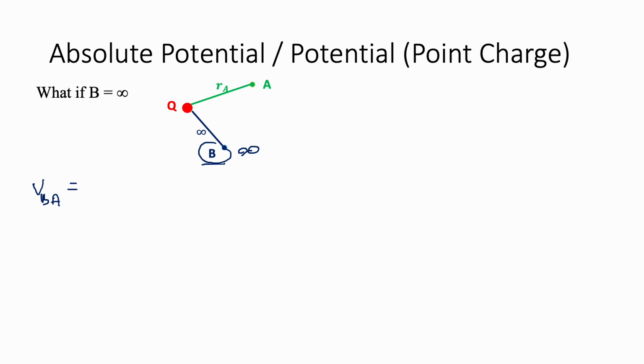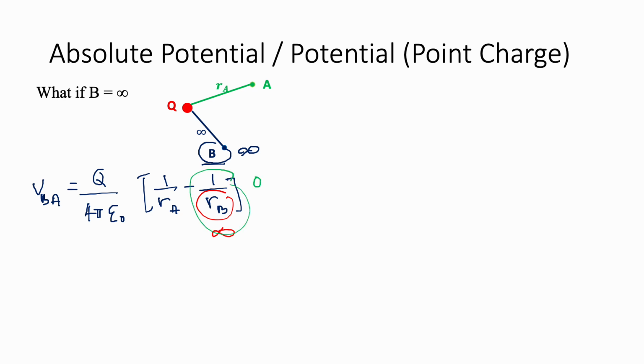From the potential difference that we calculated just now, the value of the potential difference equals Q over 4 pi epsilon naught times 1 over RA minus 1 over RB. Now our RB is infinity. When it becomes infinity, what will happen? This will become 0, totally 0.